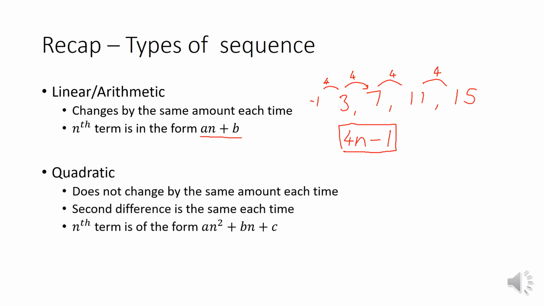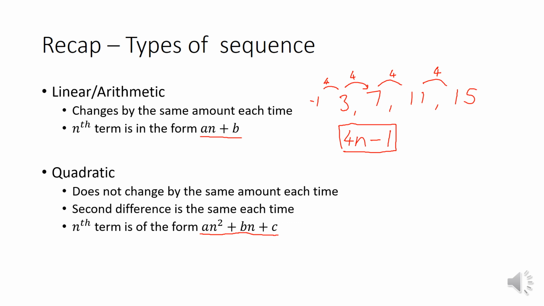The second type of sequence we looked at was quadratic. This one doesn't change by the same amount each time, but the second difference is the same each time. So it's the second difference that we use to work out the coefficient of n squared. The nth term is of the form an squared plus bn plus c, and we need to use the 4-step method that we've done in the past couple of lessons.